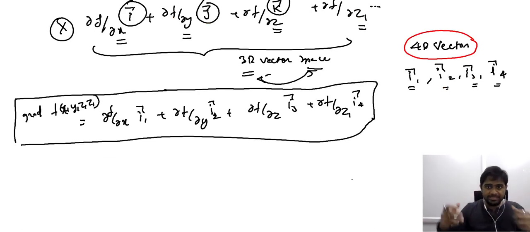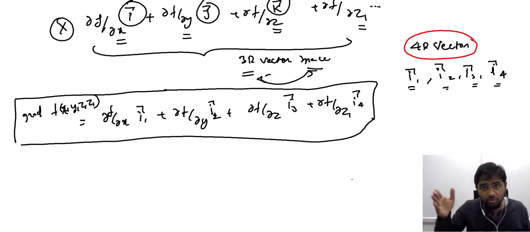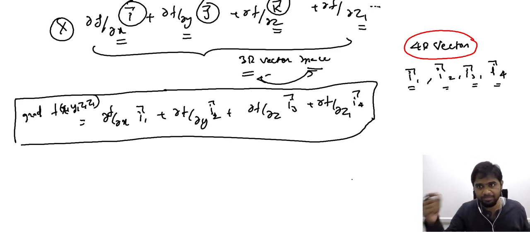Along all these bases, we are considering the slope of the given function, and we are associating each of these slopes with a specific basis. So we have 4 bases, and to each of them there is a corresponding slope in this expression.